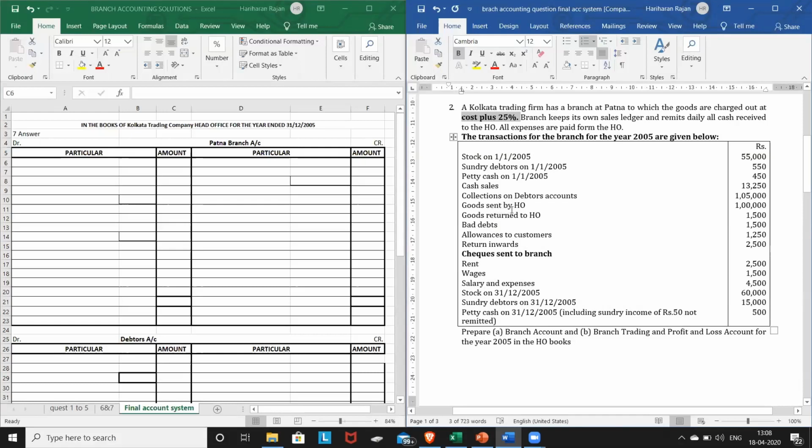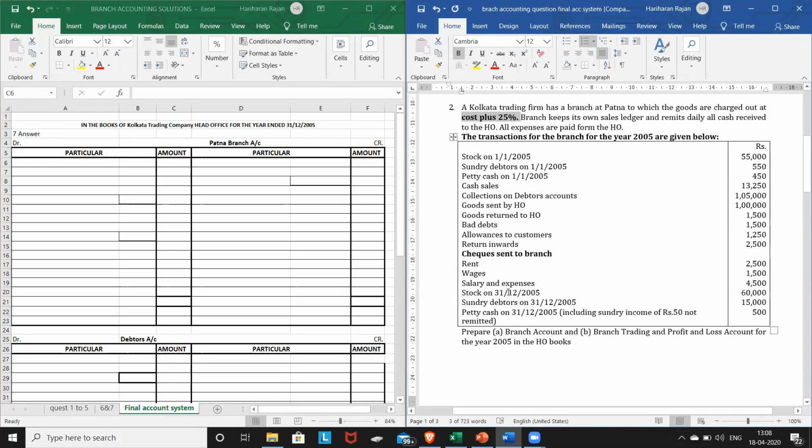Goods sent by head office, goods returned to head office, bad debts, allowance to customers, that is any allowance which is being given to the debtors, return inward, that is goods returned by the debtors, cheque sent to branch for what purpose. As head office should take care of the expenses, rent, wages, salary and expenses are paid by the head office for the branch.